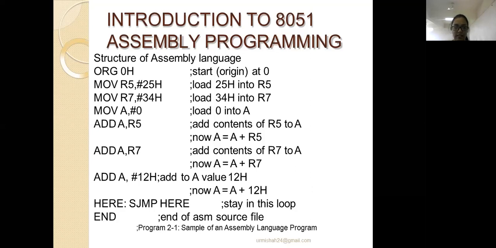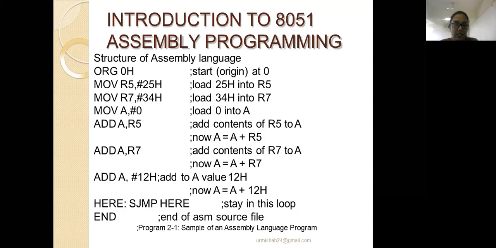So it will be starting from 0000H. So your originating address here is 0H. So the instruction ORG 0H will give you the originating address from where we are starting our program.